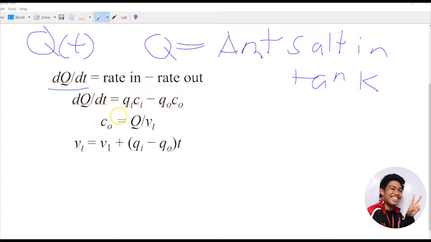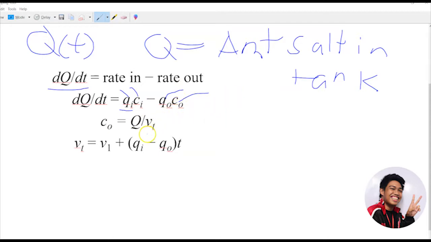Q sub I is the inflow rate of the water and C sub I is the concentration of the liquid into the tank, and Q sub O is the volumetric flow rate leaving the tank, and C sub O is the concentration leaving the tank.